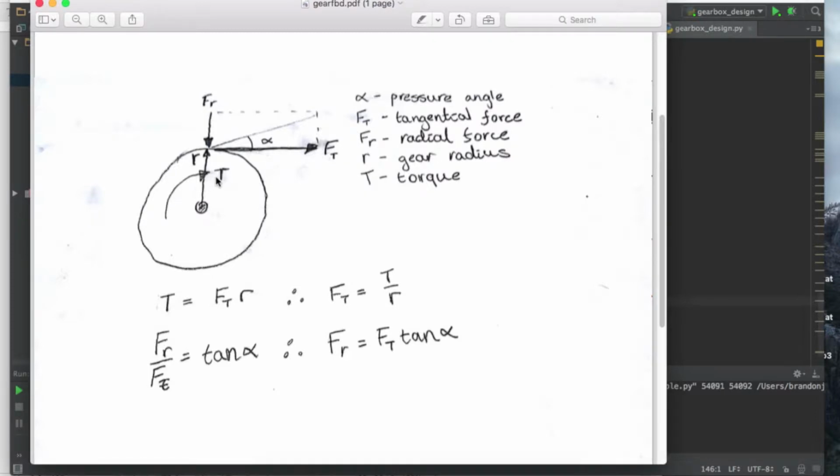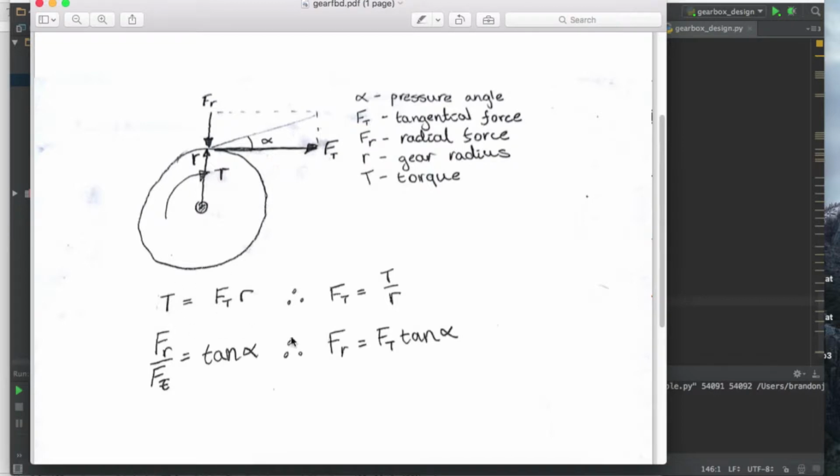Now we also have a torque T acting on the gear in this fashion. We can transform that torque into a tangential force on the top of the gear by this relation: T is equal to the tangential force times the moment arm, which is the radius here.